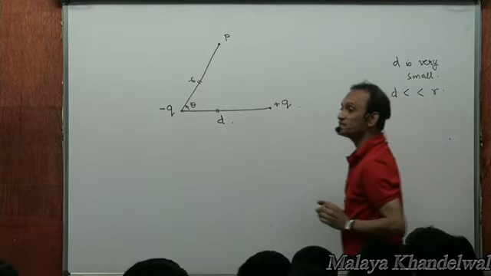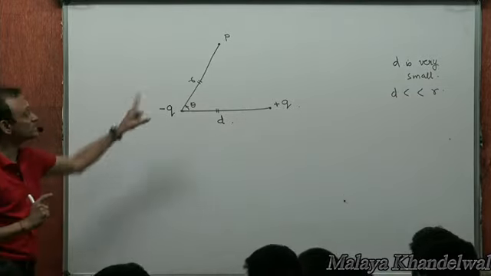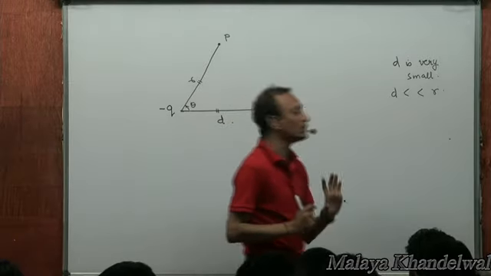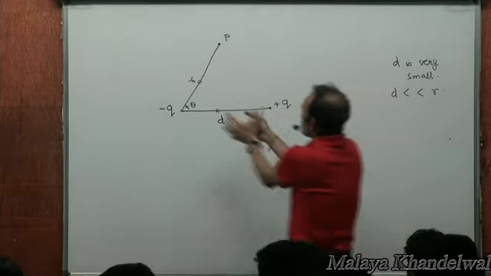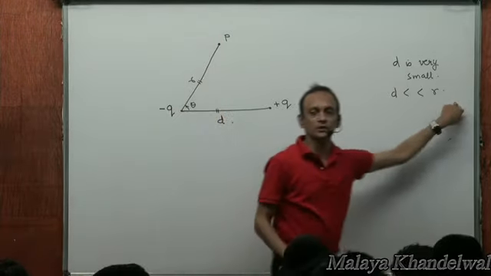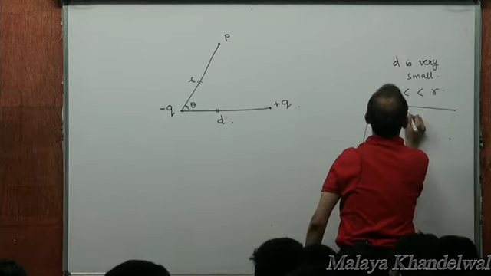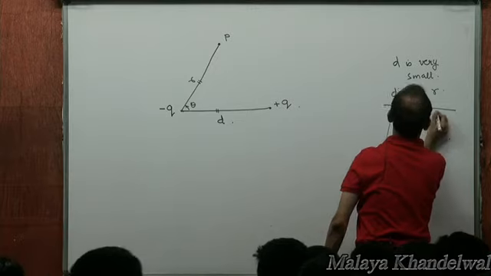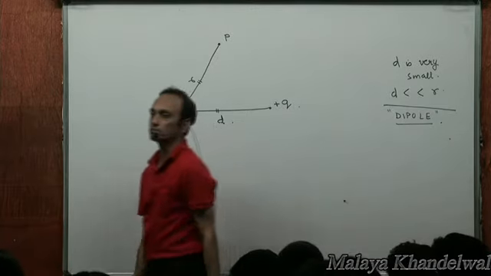Only for such P's we will explore the effect of this pair, where d is much smaller compared to r. And such a pair, for which the effects at points P commensurate with this are examined, is called a dipole. Such a pair is called a dipole.